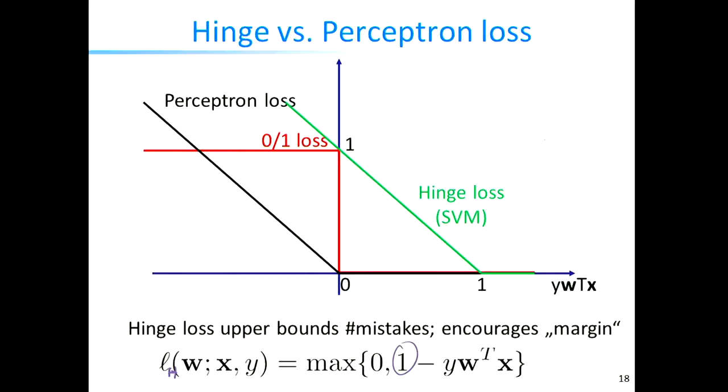If you fix some other number than 1 here, say you fix 10, for distance 10, then you would get the same solution by just scaling W by a factor of 10.